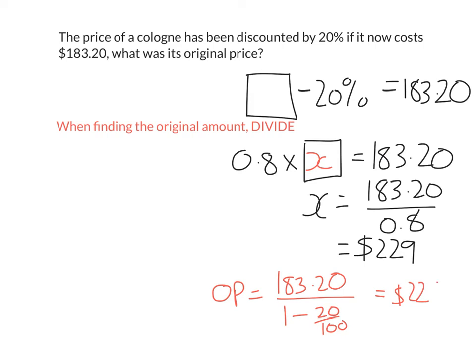So how did I know that it would be 1 minus 20 over 100? Because this question's involving discounting. We have decreased the original price by 20%. So remember, when we're decreasing, it's 1 minus r over 100. The only difference here is because we're finding the original amount, we don't times by 1 plus or 1 minus r over 100, but we divide by 1 minus r over 100.